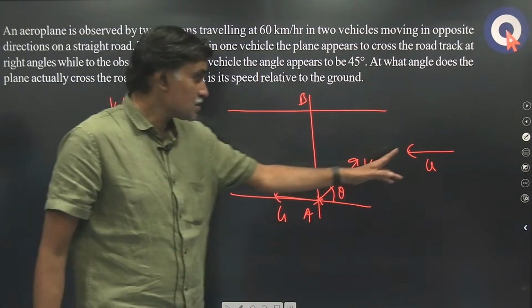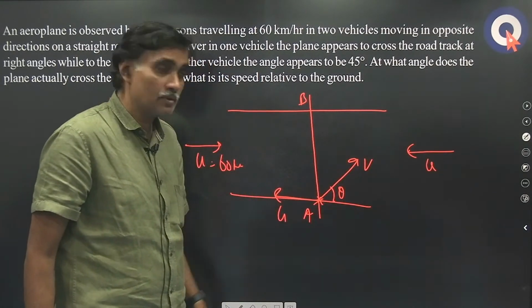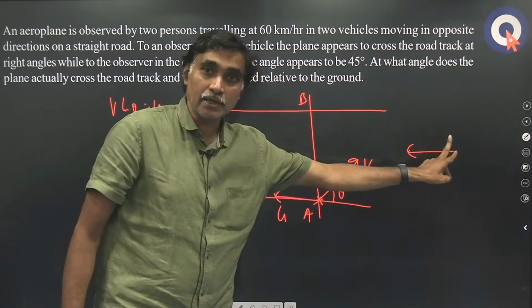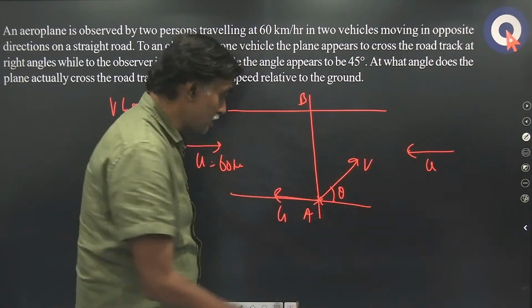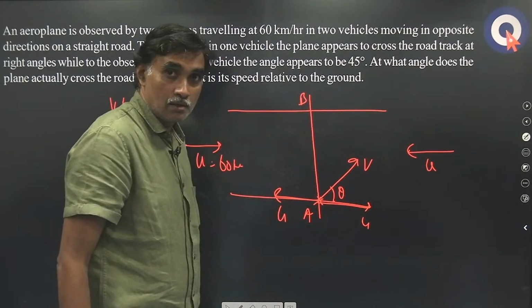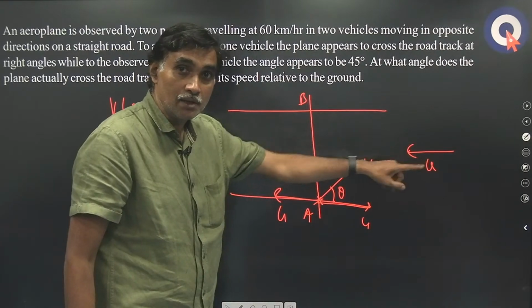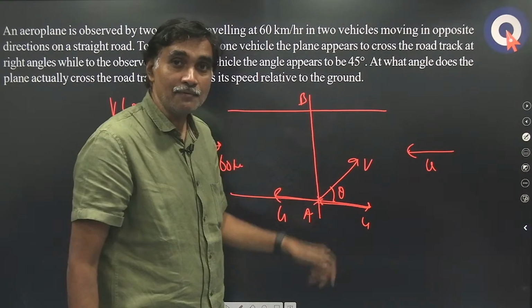Now we will see with respect to the other car. What is the velocity of the plane with respect to this car? It is the resultant of V and the negative of this vector, which is the same in magnitude but opposite in direction. So the resultant of V and U is the relative velocity of the plane with respect to this observer, who observes the plane crossing at an angle of 45 degrees.